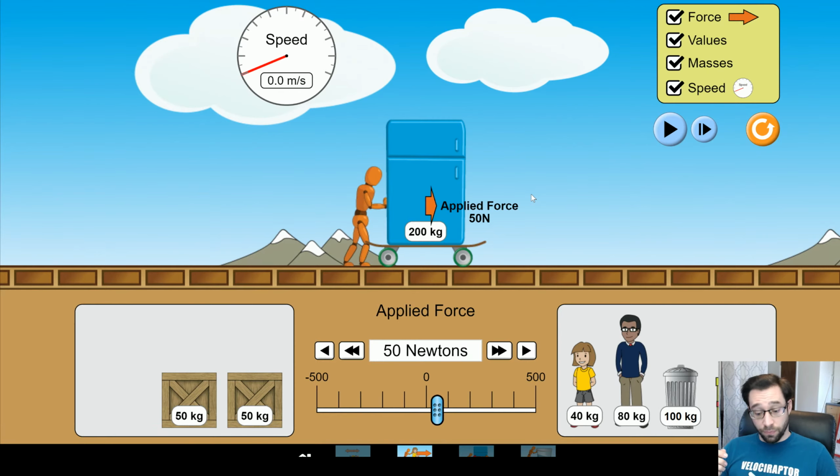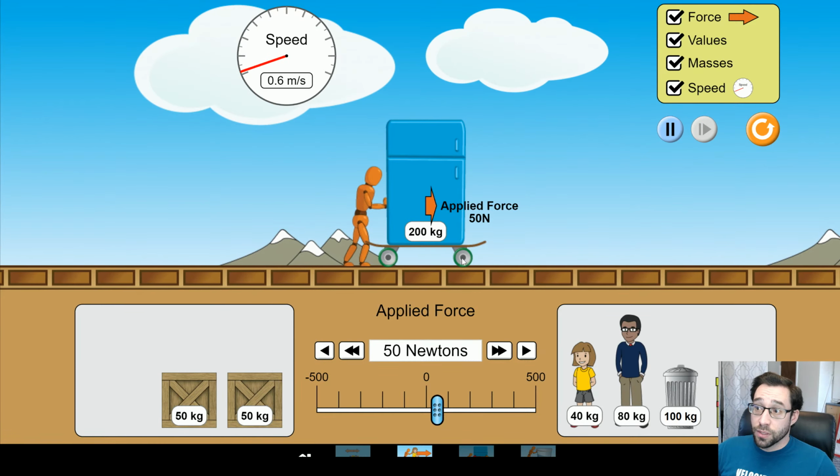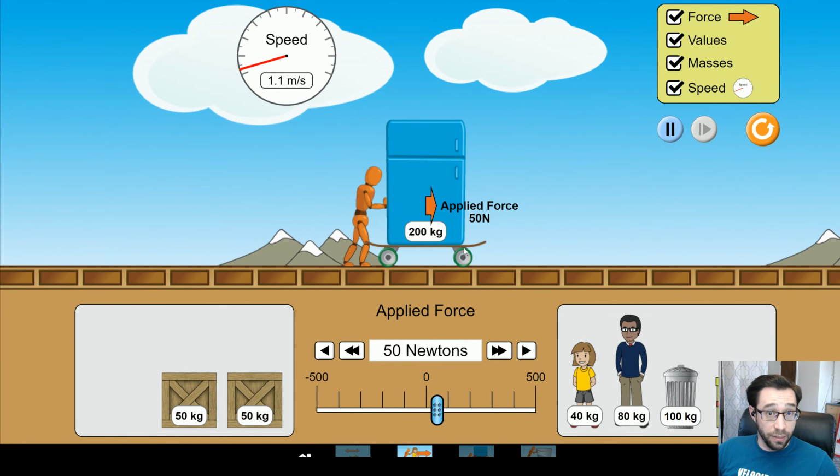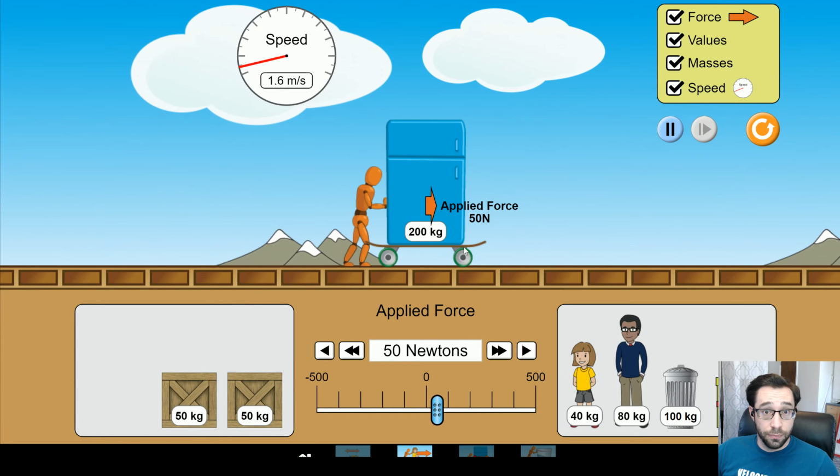So if I have a situation where I'm pushing something that's heavier with the same amount of force, it's going to move slower initially, right? That's logically what we would expect. So let's test it. In fact, he is accelerating at a lower rate. Does that make sense?